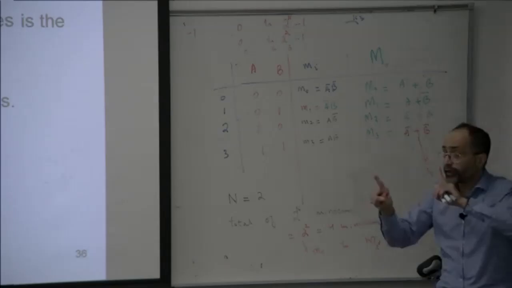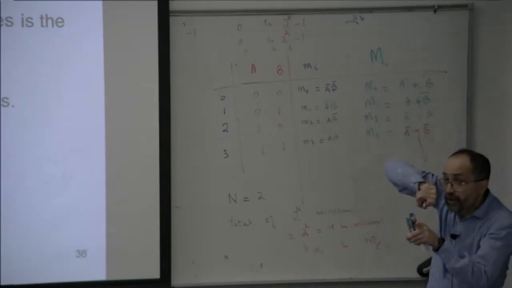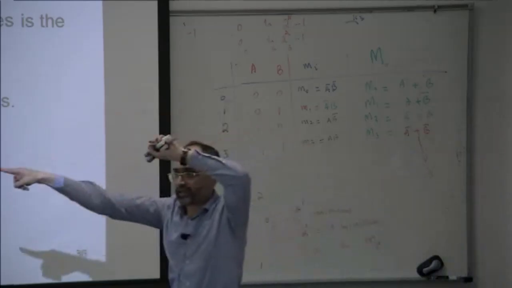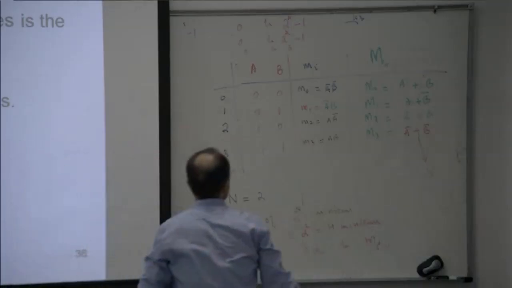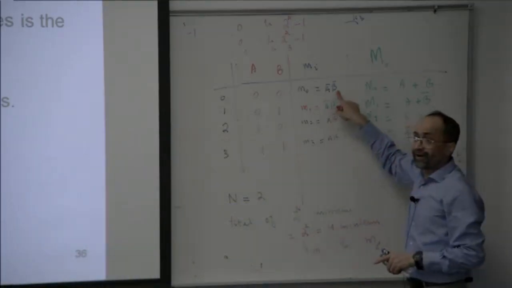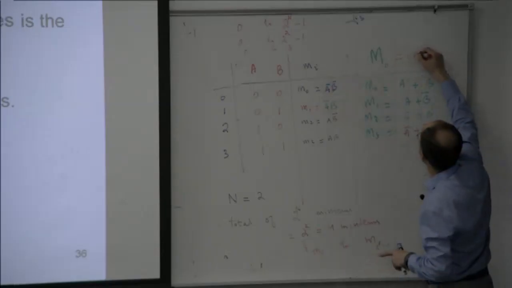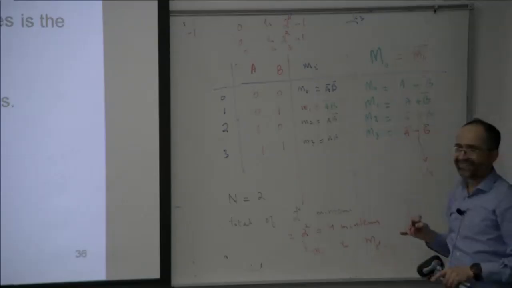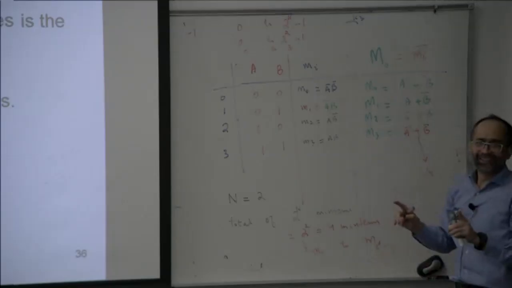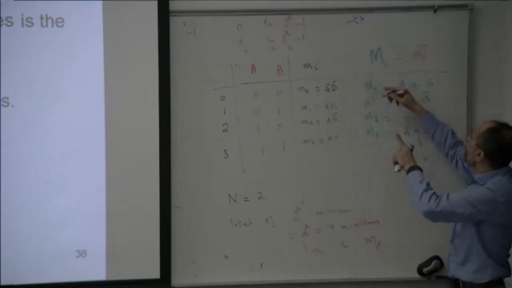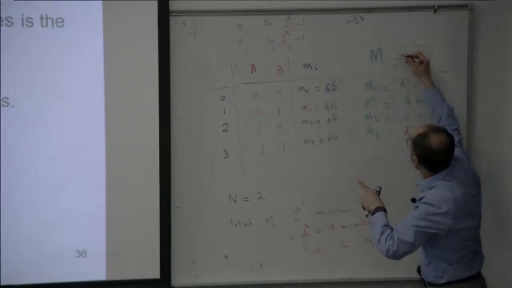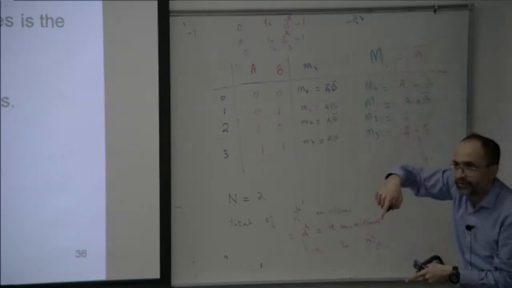So now if you look here, each min term is the dual of the max term. So this is A bar B bar. This min term is actually M i bar. Got it or not got it? So this max term, can you see, Mi is the dual of m i, and vice versa.